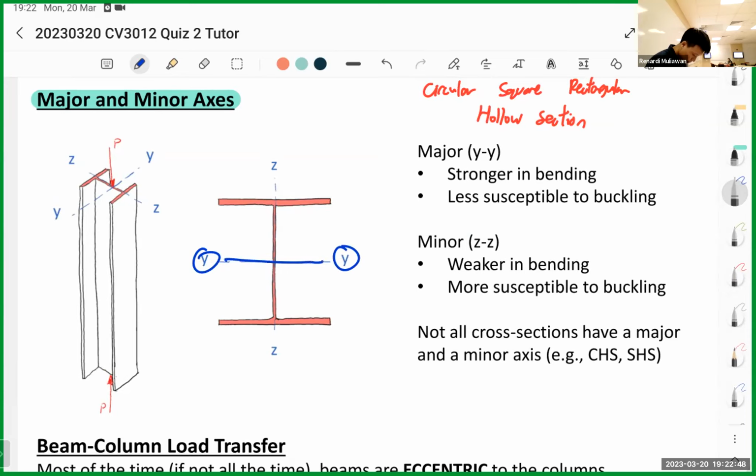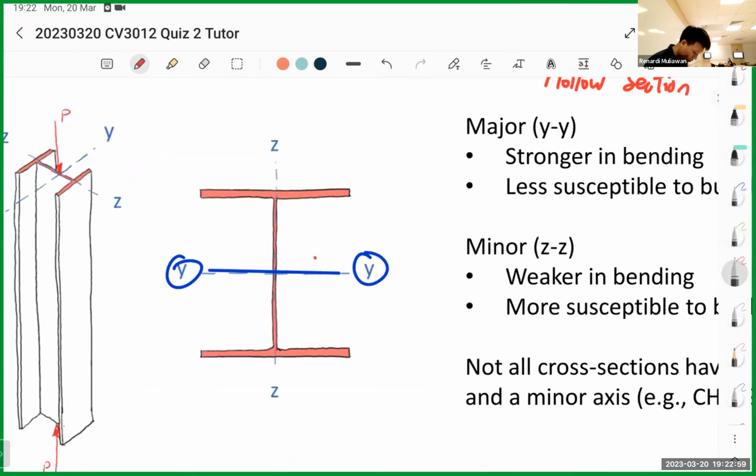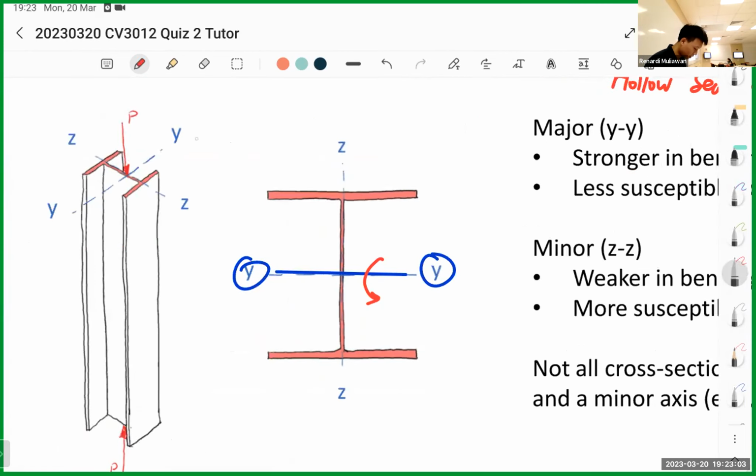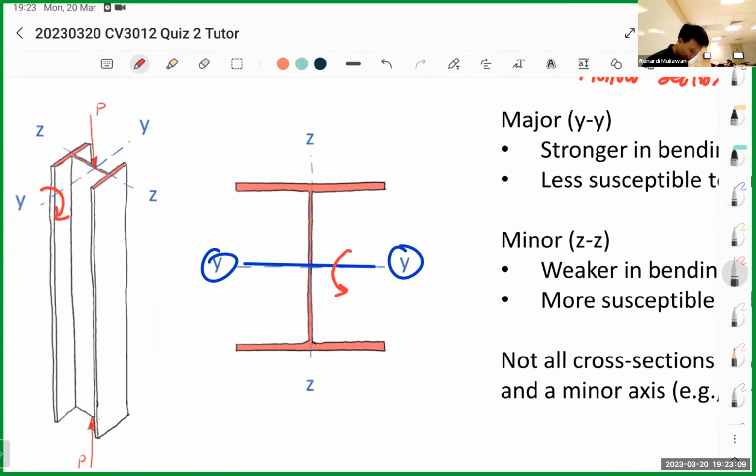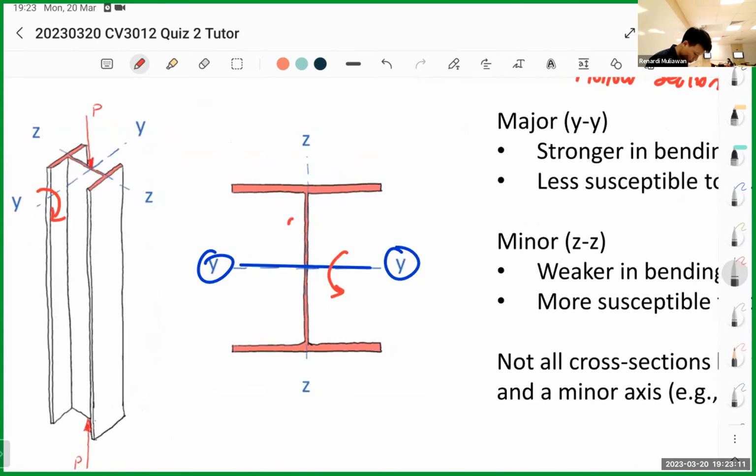Use your right thumb rule: the thumb is the axis, and the curl is the direction of the moment. So for YY, the moment goes this way. In 3D, it goes around the axis. Same for ZZ: it goes this way. So this is ZZ.